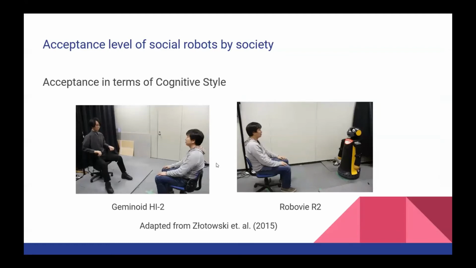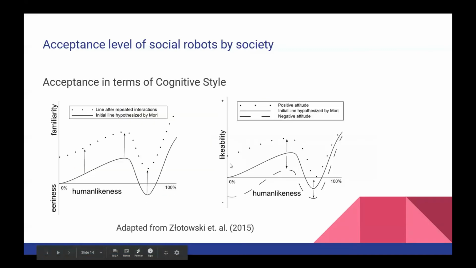We studied this case with Zlowski's research. They used two different robots. One of them is a highly human-like robot. The other one is mechanical. Although their functionality is the same, their attitudes can be programmable. With the attitudes factor and repeated interactions with the robots, we can see that the human likeness of the robots doesn't matter.